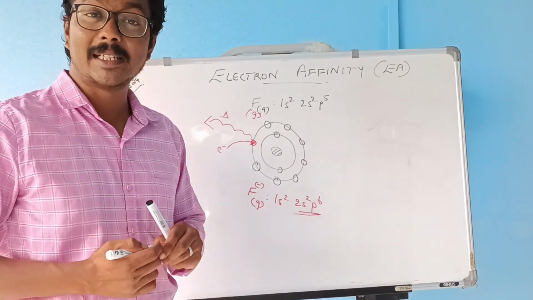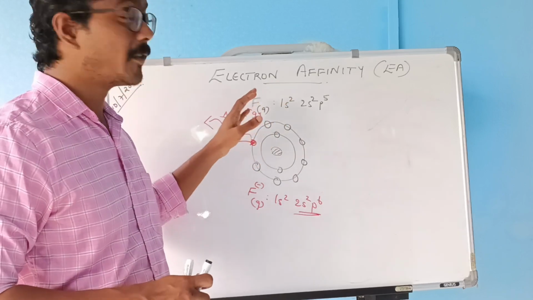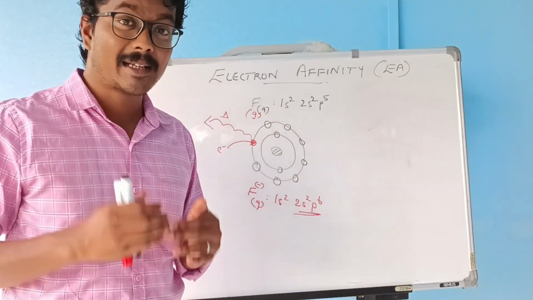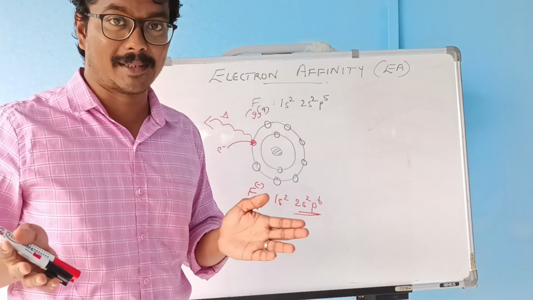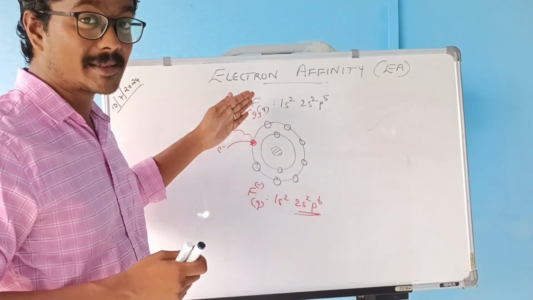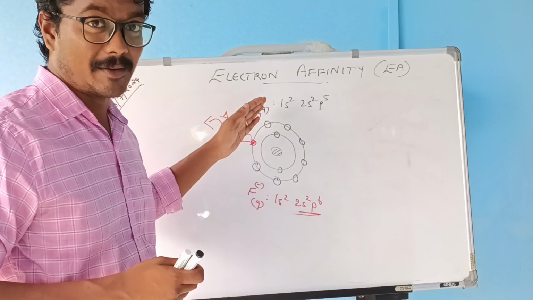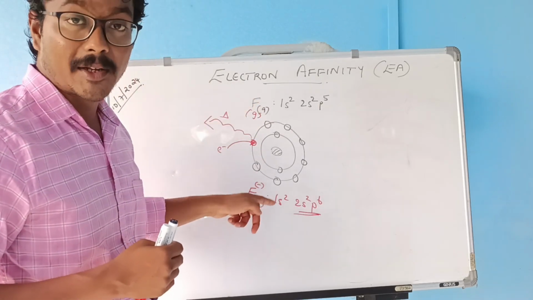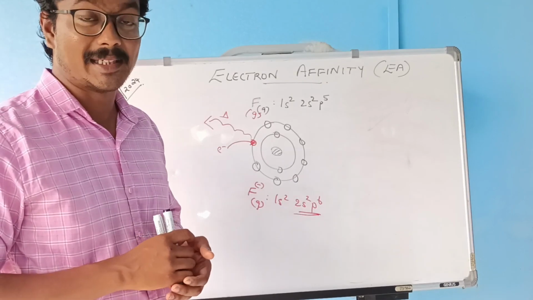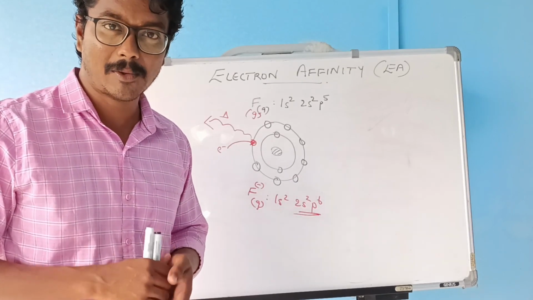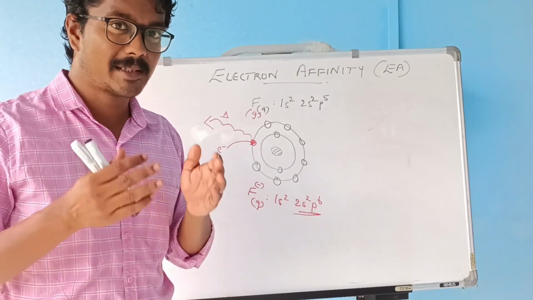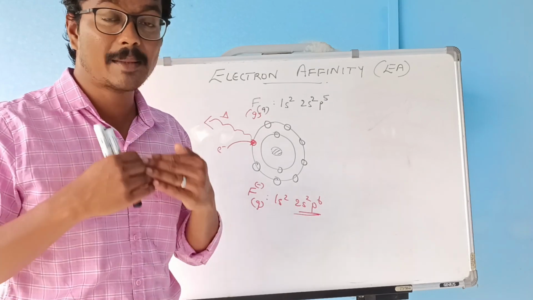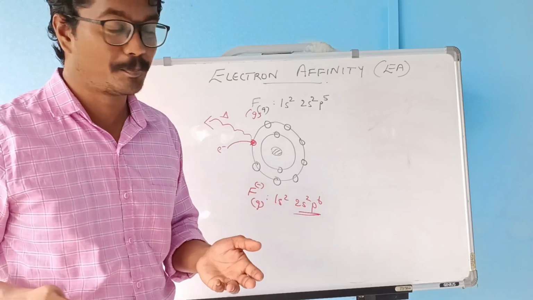In other words, it is a measure of the tendency of an atom to change into an anion. It is the amount of energy released or liberated when an atom at its neutral gaseous state at ground level accepts an electron to form an anion.